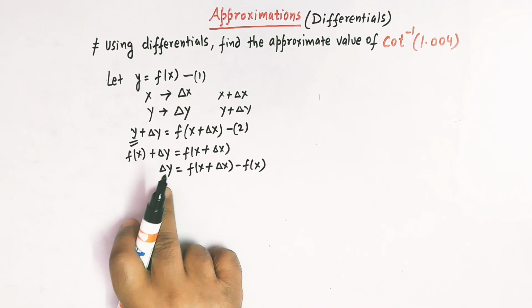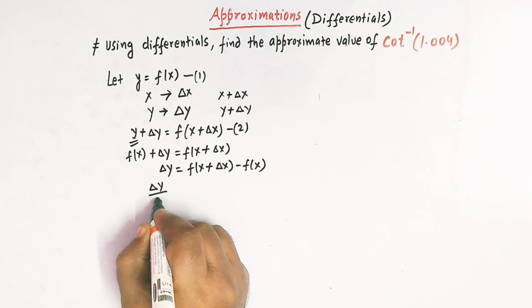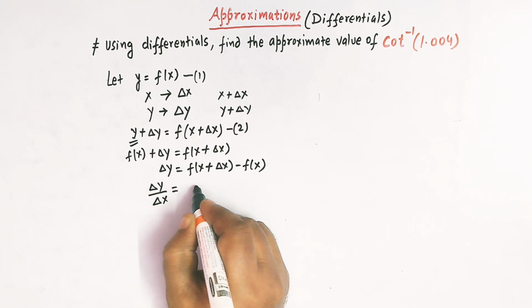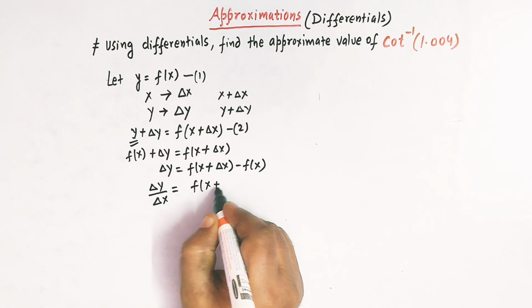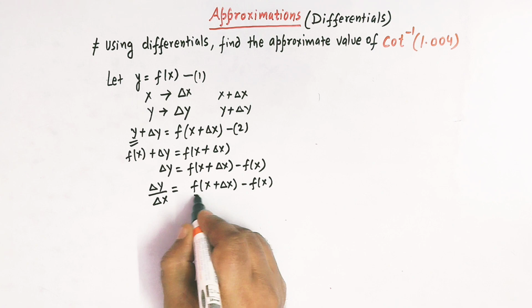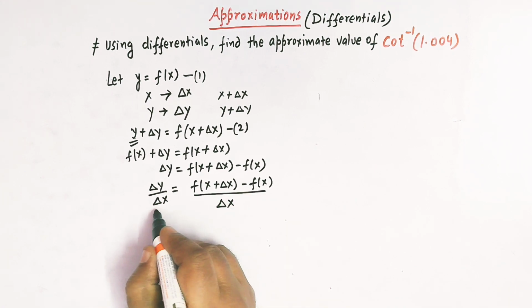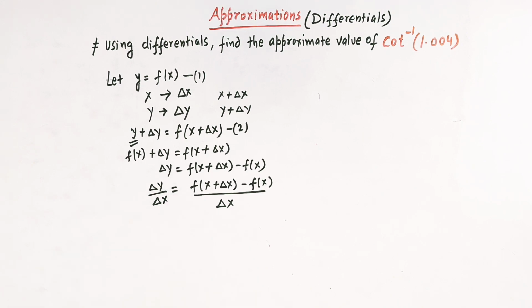Now dividing both sides by delta x, we have delta y over delta x equals f of x plus delta x minus f of x divided by delta x, right? Now see, delta x is a very small quantity.